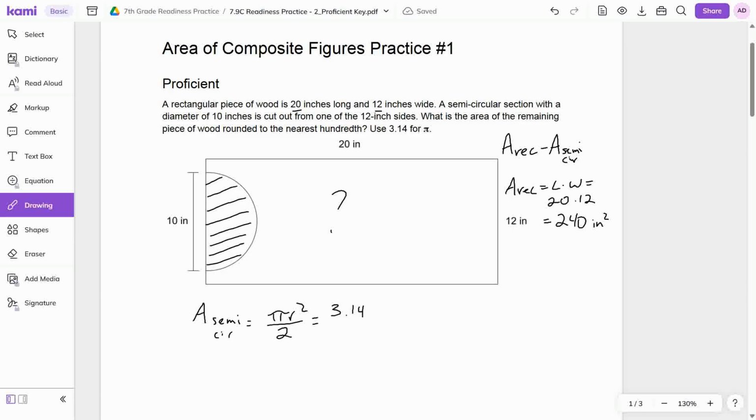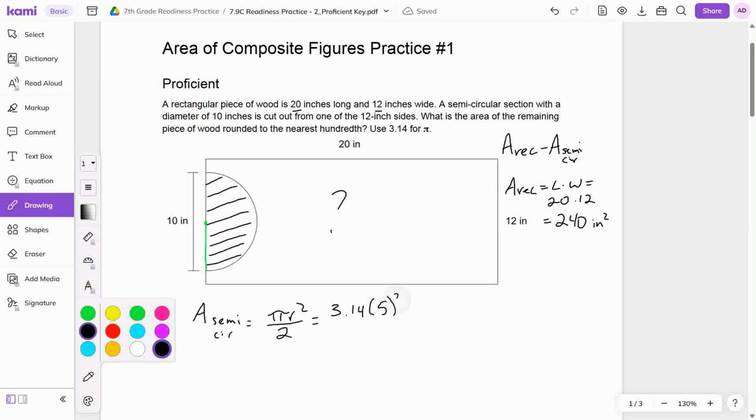Now, we don't have the radius. The radius is from the center of the circle over to the side. So if we envision it like that, it's half the diameter, so that's going to be 5. So 5 squared, and then we need to divide that by 2. All right, so let's make our jobs a little bit easier here.